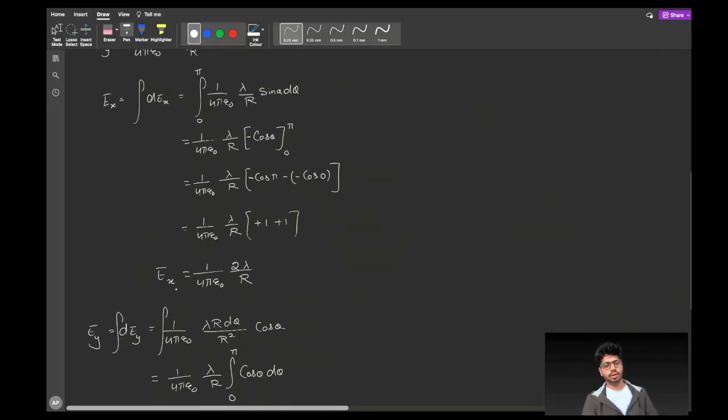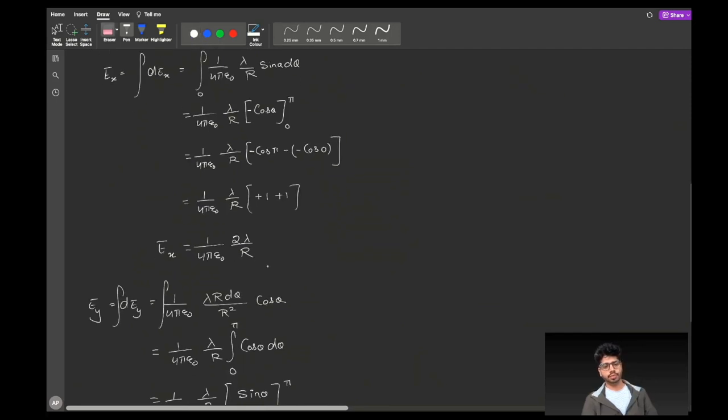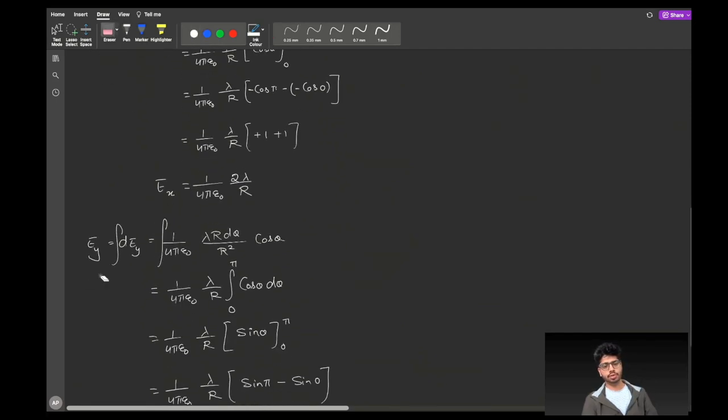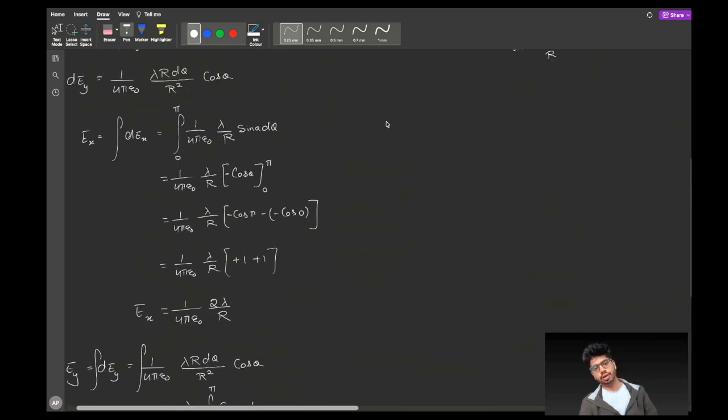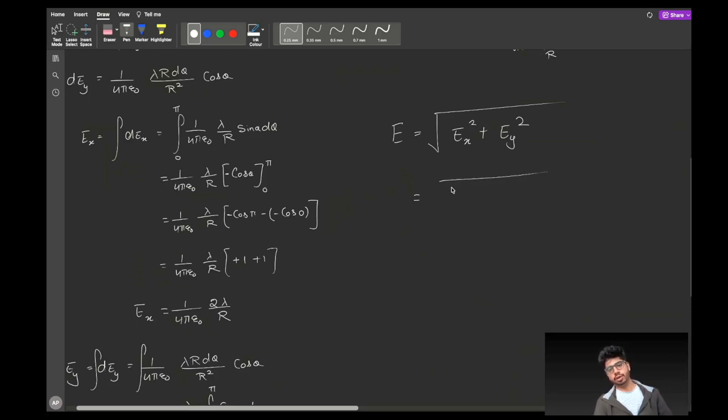As you get the horizontal component and the vertical component of the electric field, the total electric field E is simply the square root of the x component squared plus the y component squared. But the y component of the electric field is cancelling out, so this becomes 0 eventually.